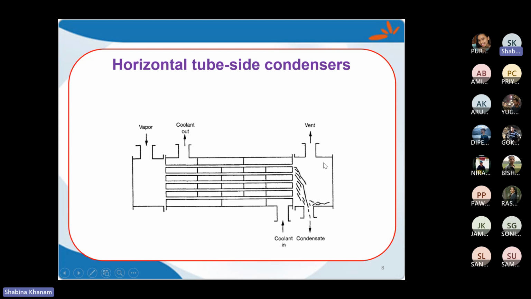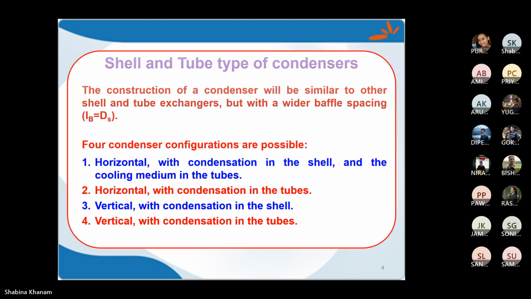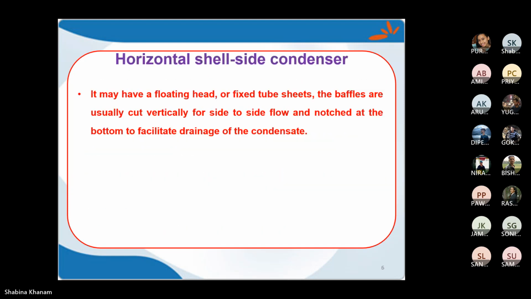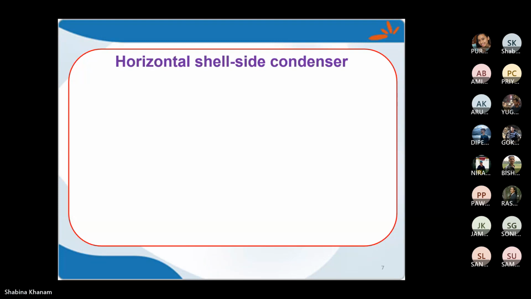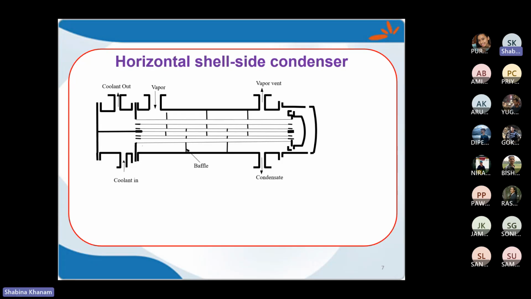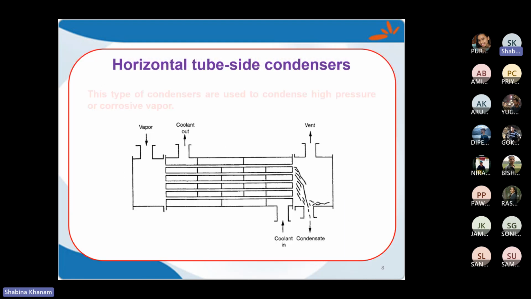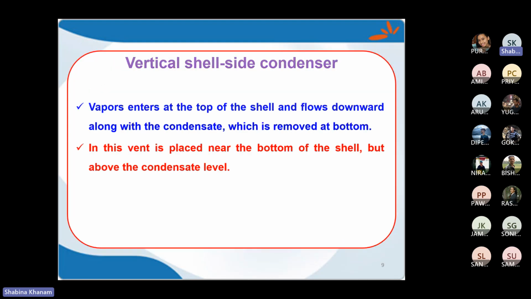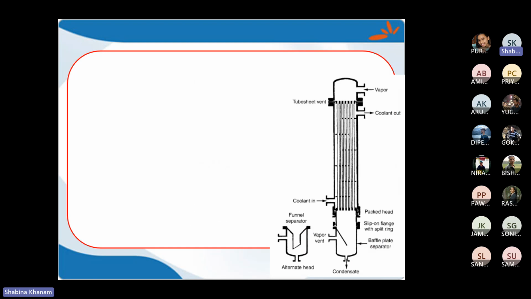More or less the cover height is the same on both sides. Here also, this cover side and this cover side are almost the same, but it is more in the case of this vertical tube side condenser.